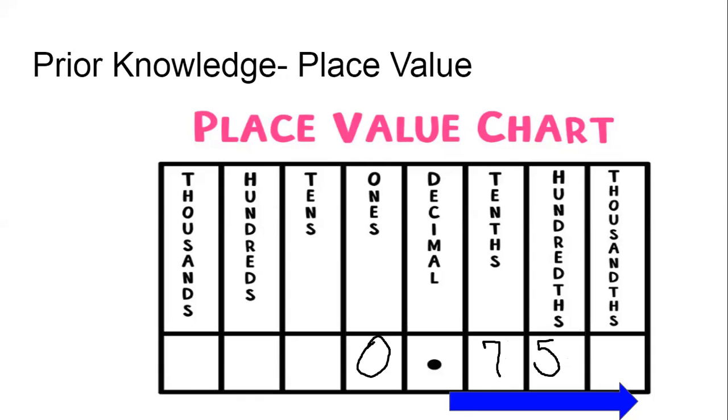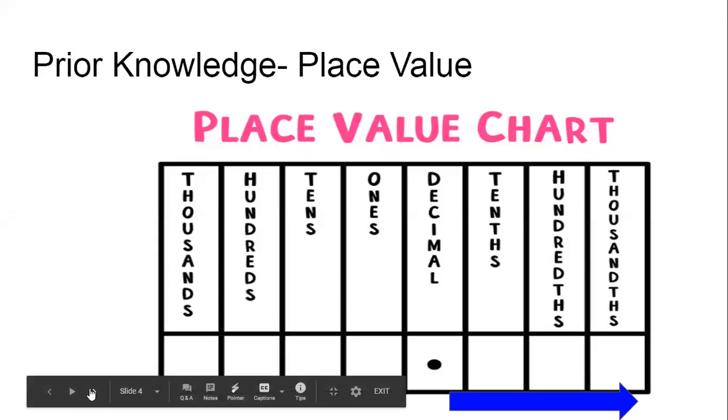And we read it as 75/100. We don't even have to put the 0 here. We could just write it as the decimal .75, and we read it as 75/100. All right, friends, let's keep going.